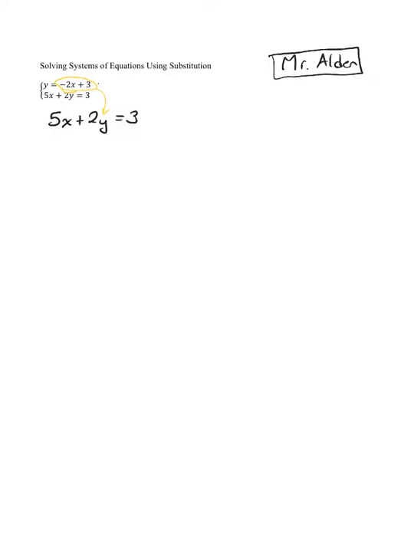So instead of 5x plus 2y equals 3, I'm going to have 5x plus 2 times negative 2x plus 3 equals 3. So you'll notice now that the y has gone away. It has been replaced by the negative 2x plus 3, and I put that in parentheses so that when I do my multiplication, I include all of that.